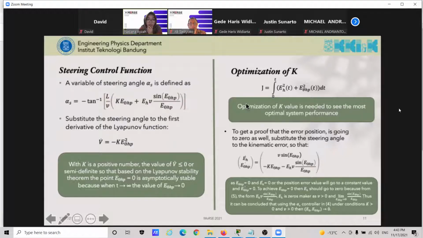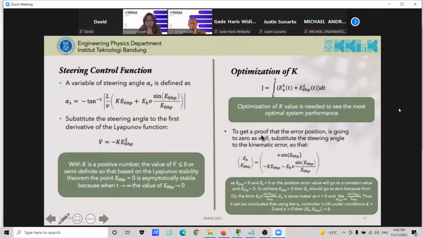So here we conduct optimization of k to obtain the optimal k, with an objective function that minimizes the error of position and the error of orientation, so that we can see the most optimal system performance.